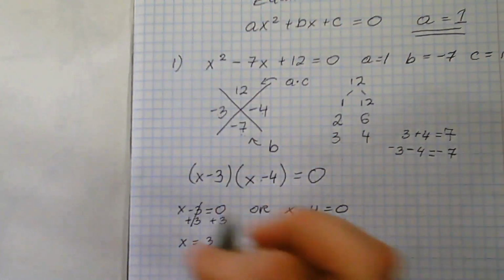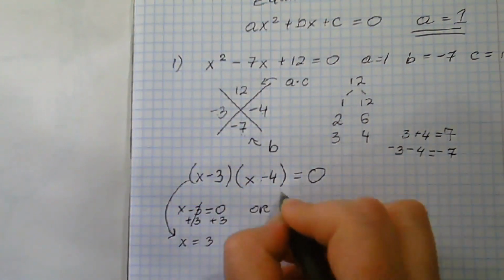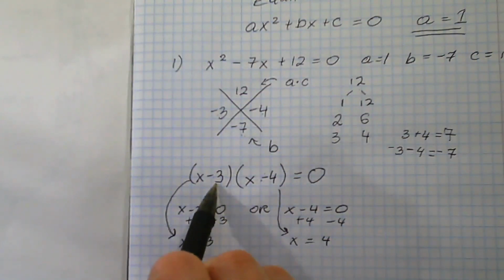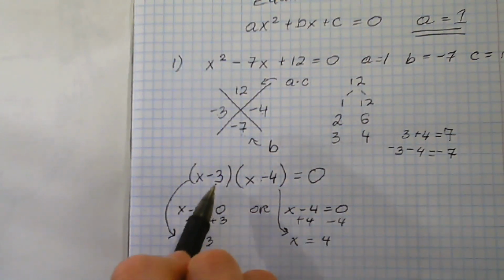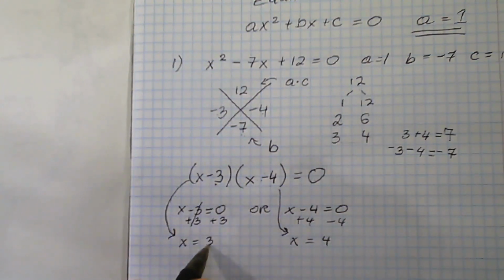Remember, we did a shortcut. We didn't have to solve every single equation. We noticed that whatever is inside my parentheses, my answer is actually the opposite sign. My factors were negative 3 and negative 4, but my actual solutions are 3 and 4.